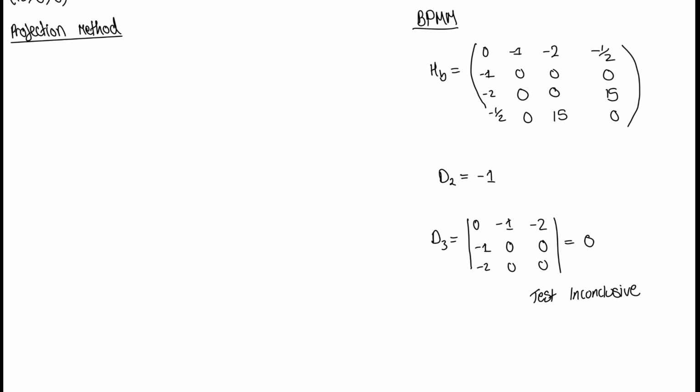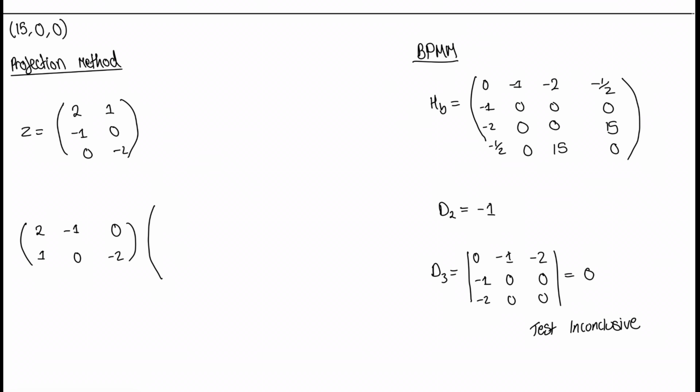So with the projection method, we already have our matrix Z from before, which was 2, 1, minus 1, 0, 0, minus 2. And we are now going to sandwich this between our Hessian for this point over here. And our Hessian was 0, 0, 0, 0, 0, 15, 0, 15, 0, and then 2, 1, minus 1, 0, 0, minus 2.